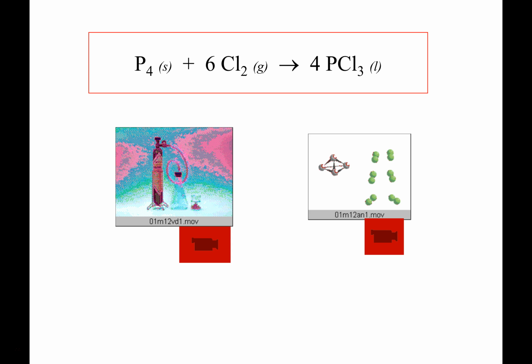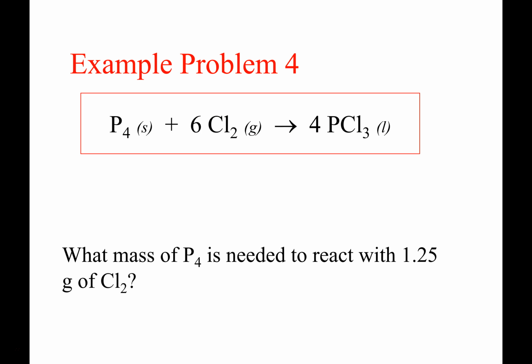All right, so let's work a problem. We already saw those videos just the other day. It says what mass of P4 is needed to react. So I'm going to find my P4, question mark grams. What mass of P4 is needed to react with 1.25 grams of Cl2?